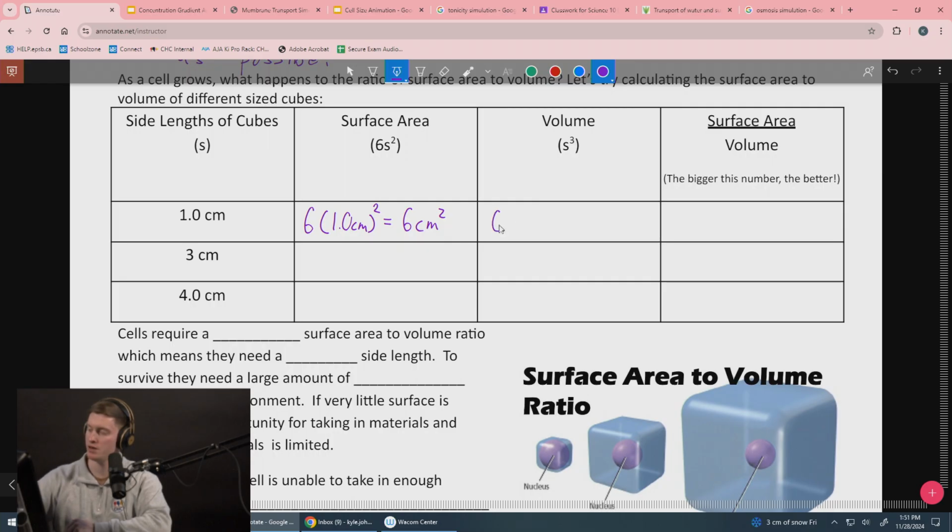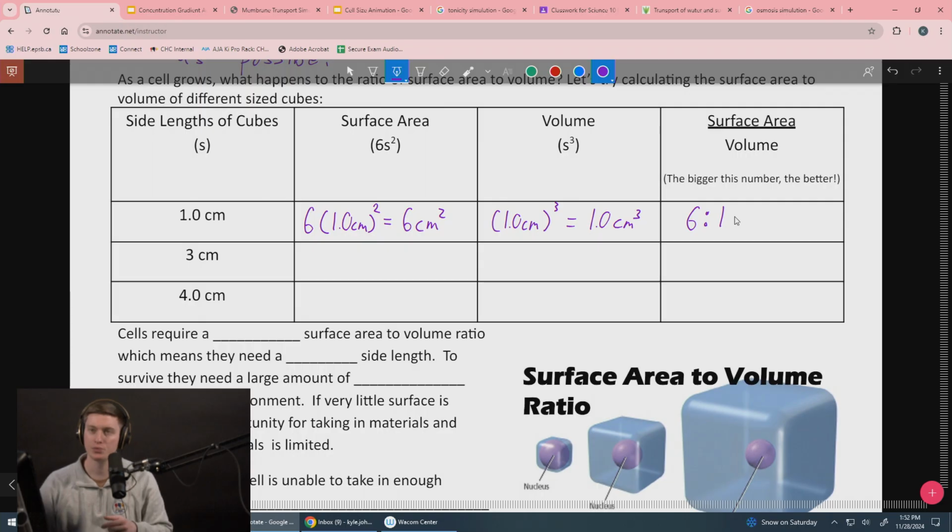So that's 1.0 centimeters cubed. Square units are our units for surface area, and cubic units are our units for volume. The ratio between our surface area and our volume is going to be a 6 to 1 ratio.